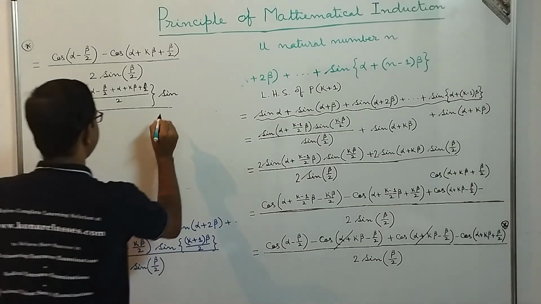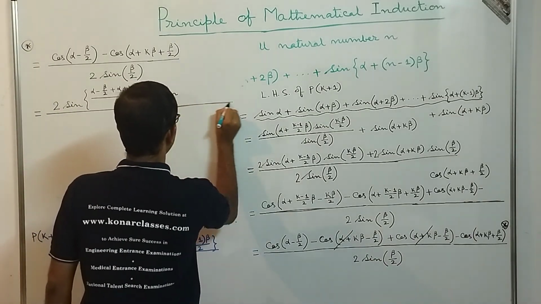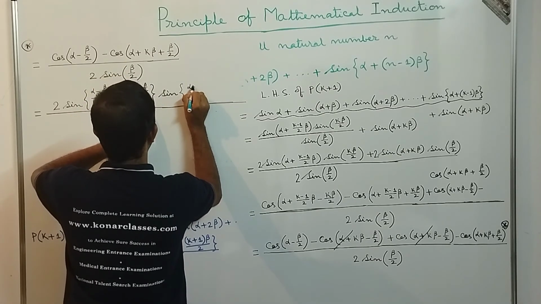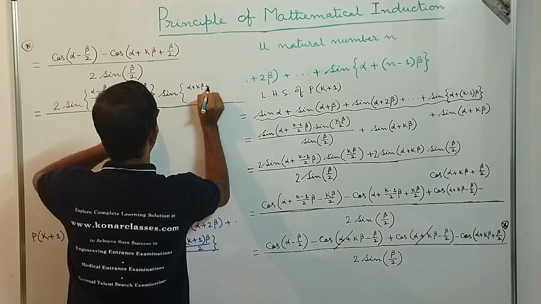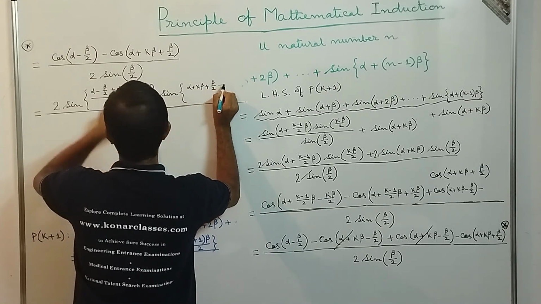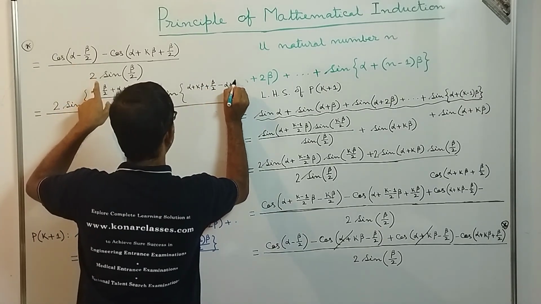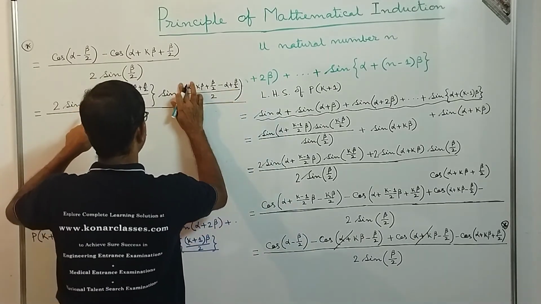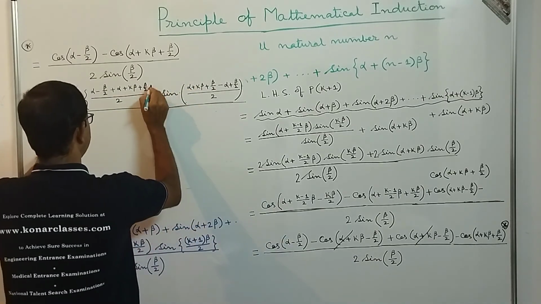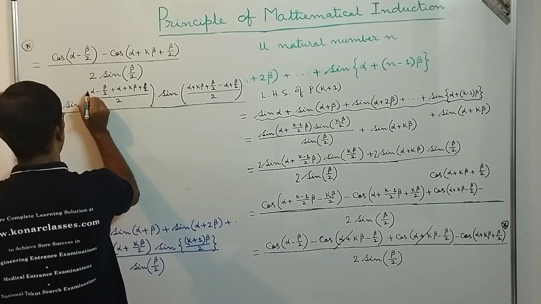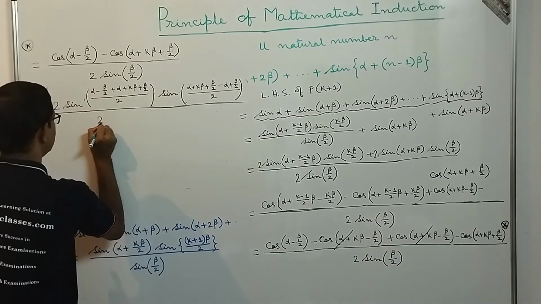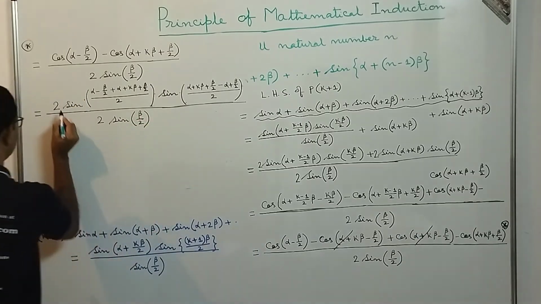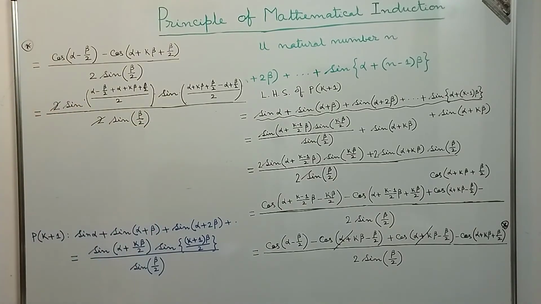What is this? We can write it here as d minus c by 2, that means alpha plus k beta plus beta by 2 minus alpha minus beta by 2, divided by 2. In fact, we can keep this as the first bracket only, that's fine. And in the denominator we get 2 sine beta by 2. Now the 2 in the numerator and 2 in the denominator got cancelled.